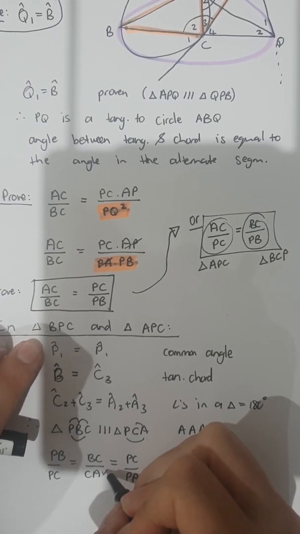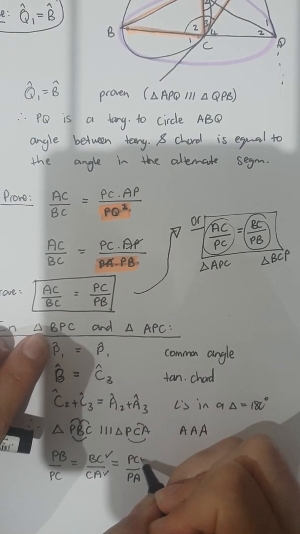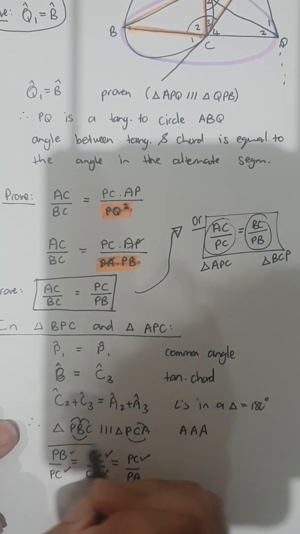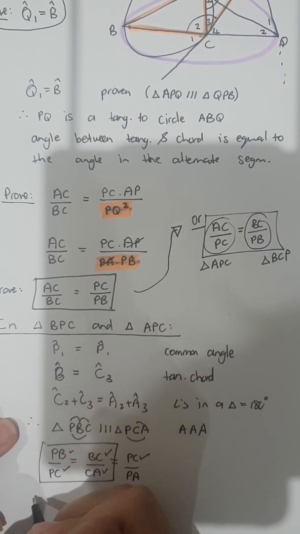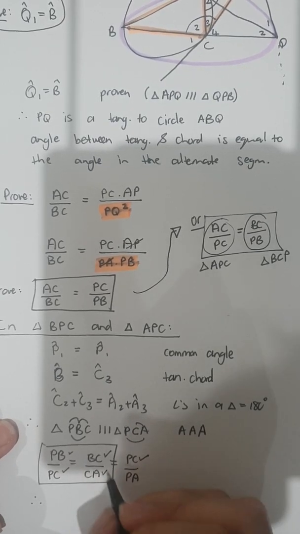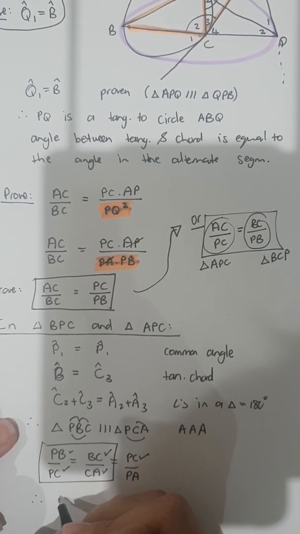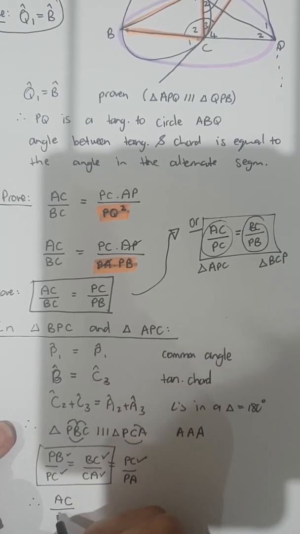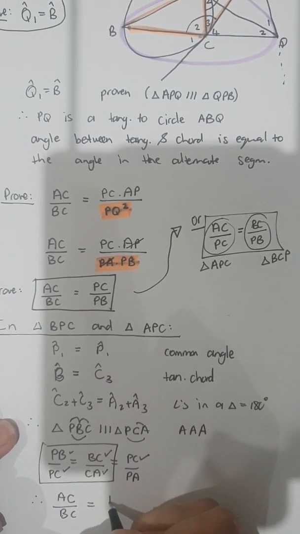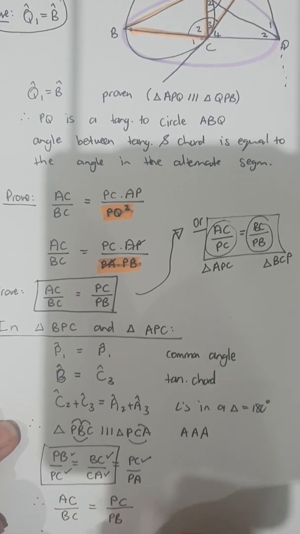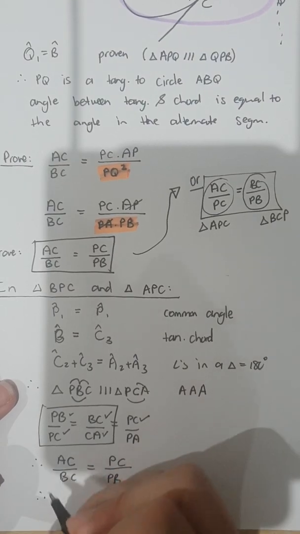AC, BC, PC, and PB. This is the one that I'm looking for. Therefore, if I just shuffle them around, AC over BC is equal to PC over PB. I have proven it, and then I just usually copy that last one down.